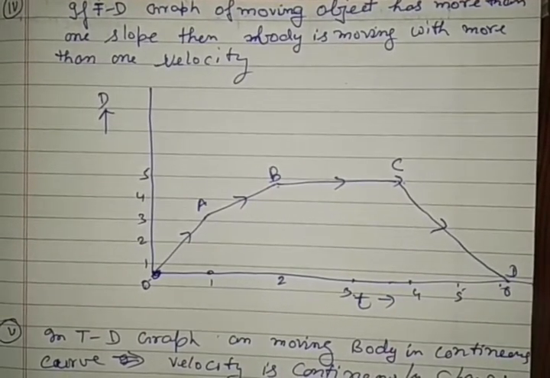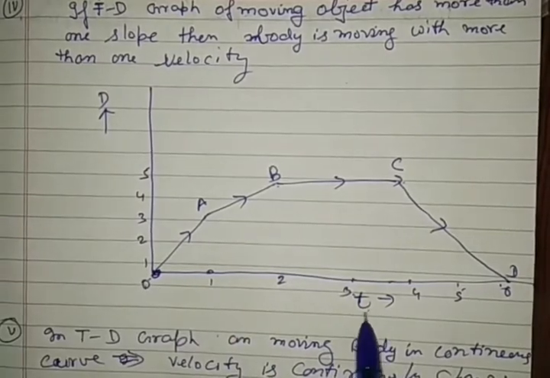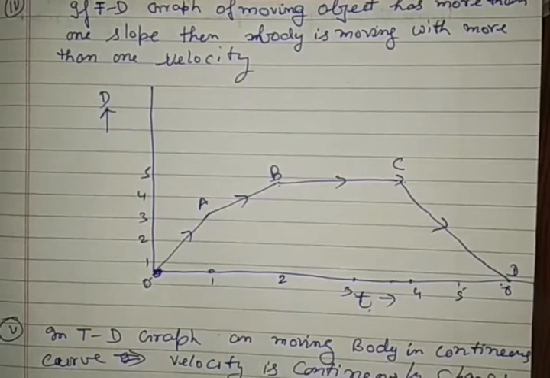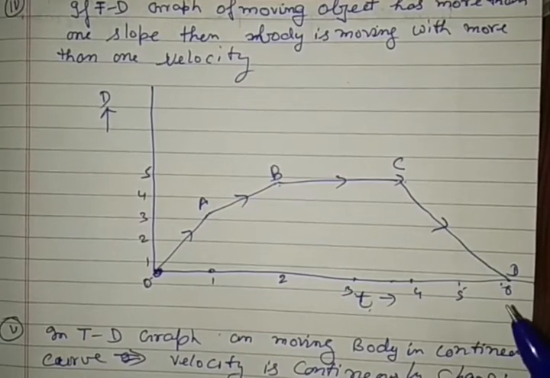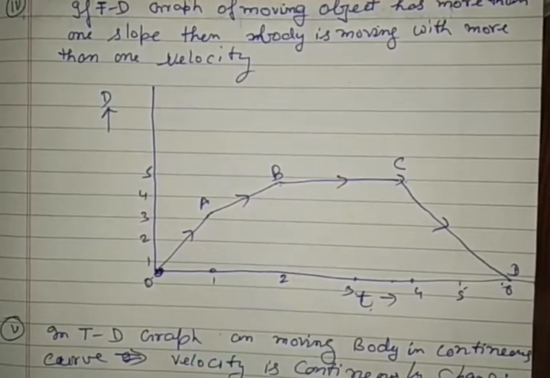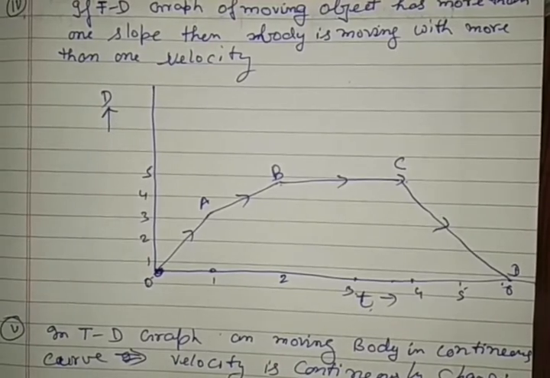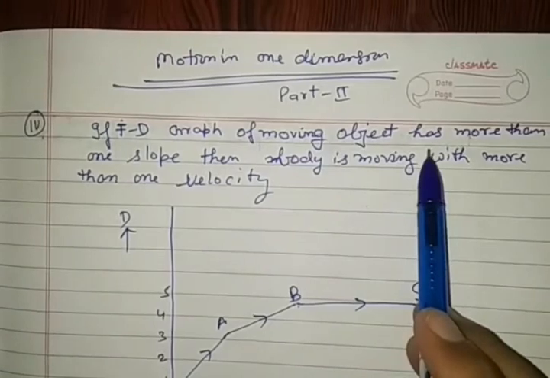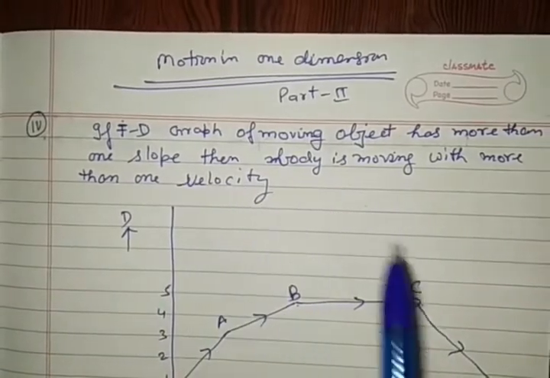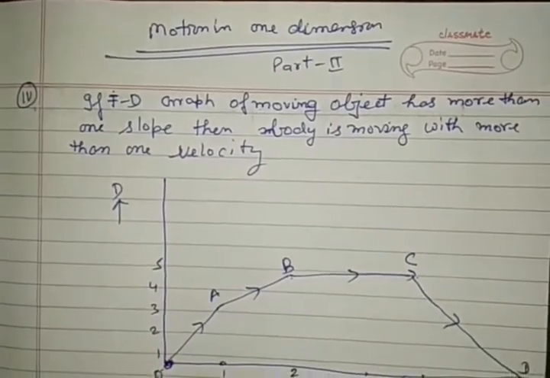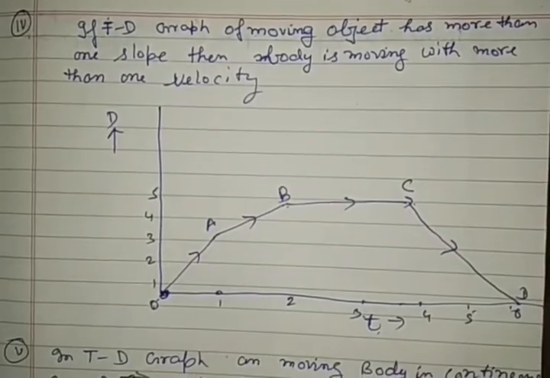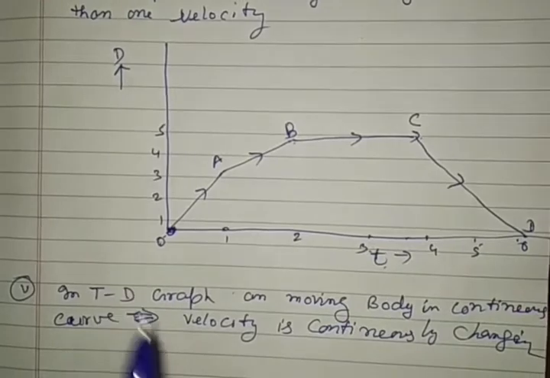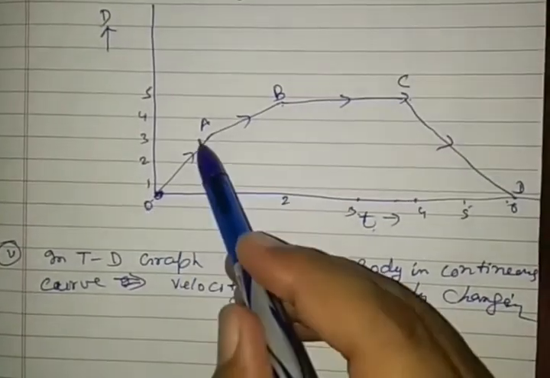If in any displacement time curve we are getting more than one slope, it means the body is moving with different velocities. In the graph of a moving object, more than one slope implies that the body is moving with more than one velocity. See, here are 4 slopes, so from O to A is one velocity.